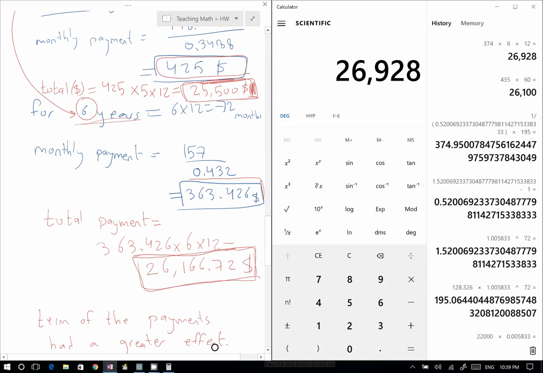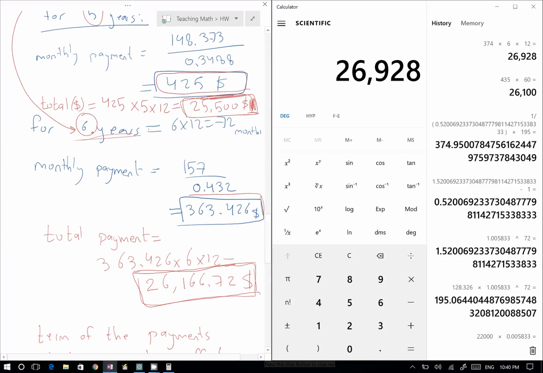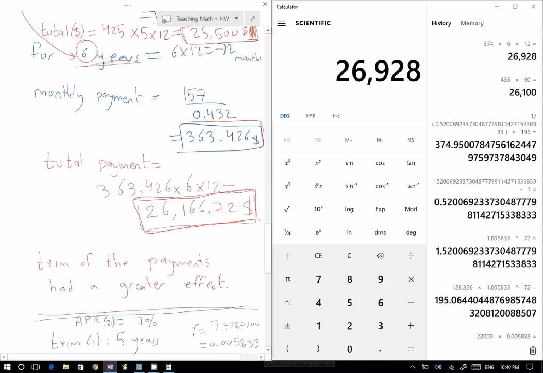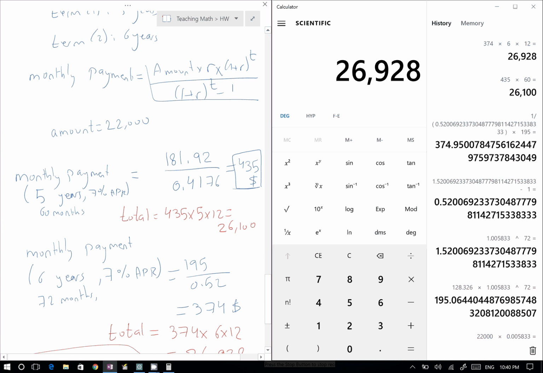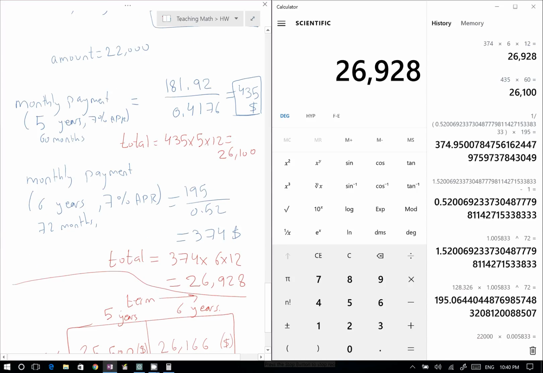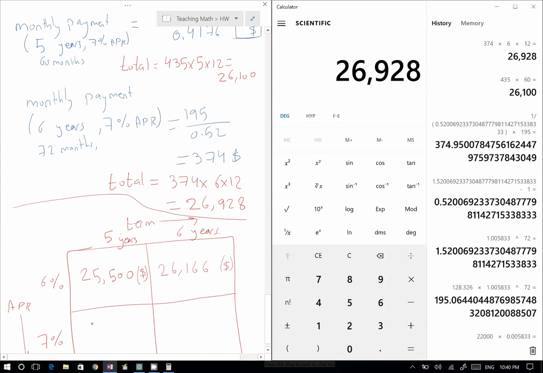It's this guy here, 26,166. Now 7%, 5 years, is here, 26,100, and the total payment for the 7%, 6 years is 26,928.